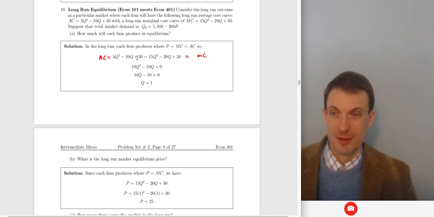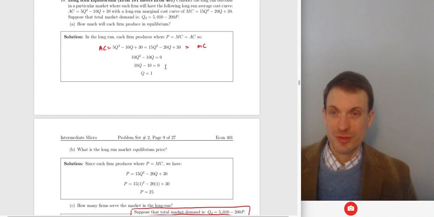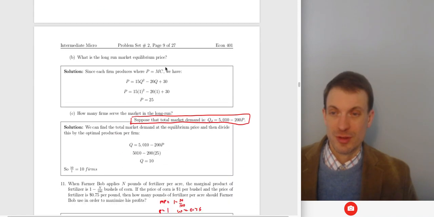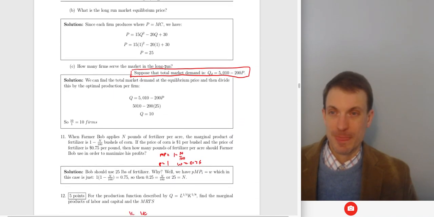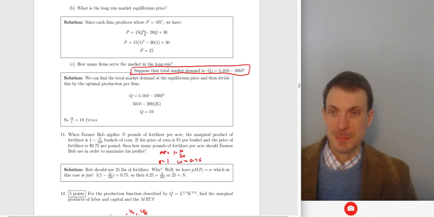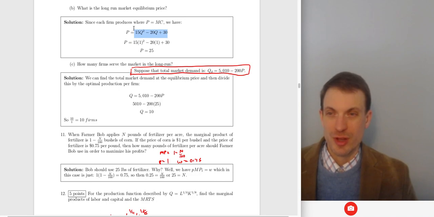Okay. So that's how much we'd produce to have 0 economic profits. What's going to be the long run price? Well, each firm is producing where price is equal to marginal cost. So we compare the marginal cost of producing 1 unit to the price.